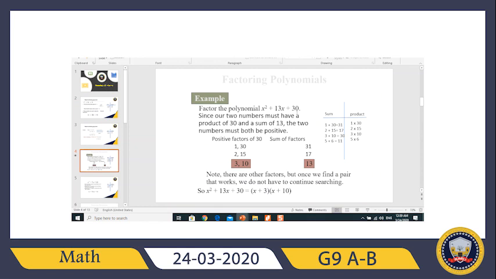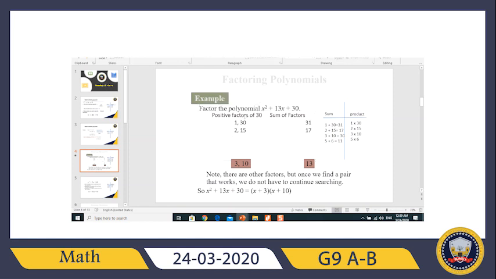Here, factor the polynomial x squared plus 13x plus 30. Again, I should ask myself first thing, can I take any common factor from this? Wait 1 second, let me make it more clear here.